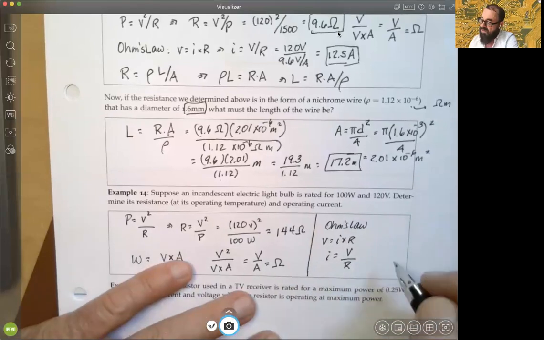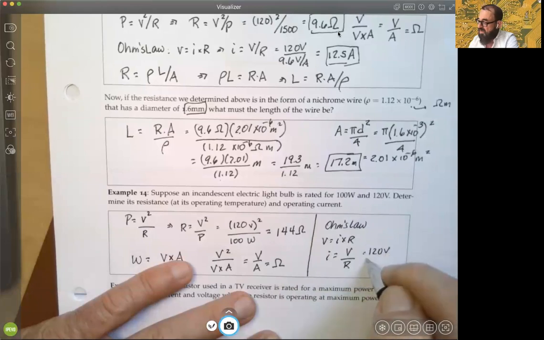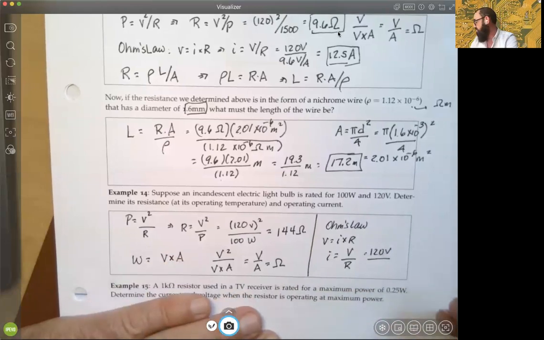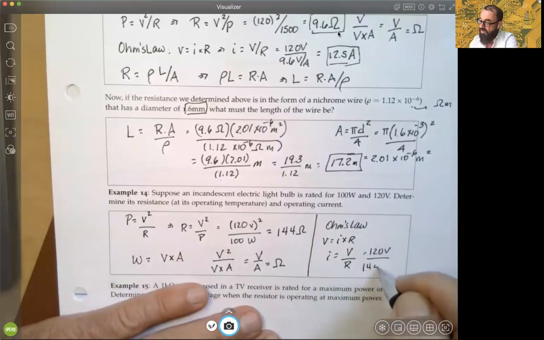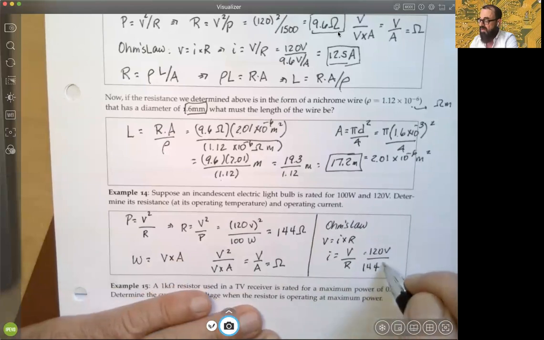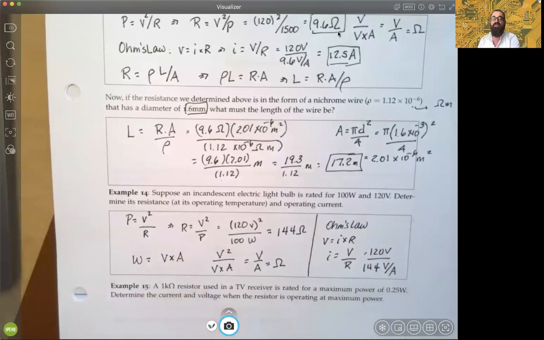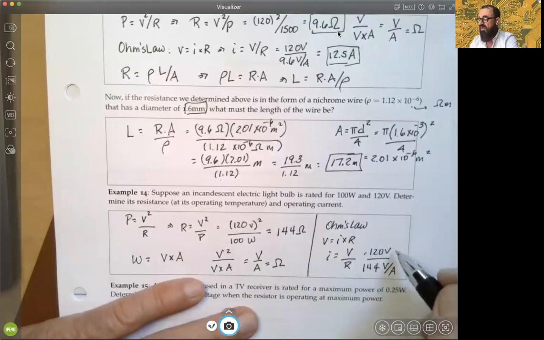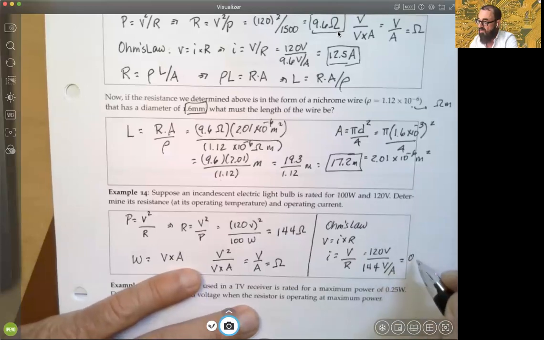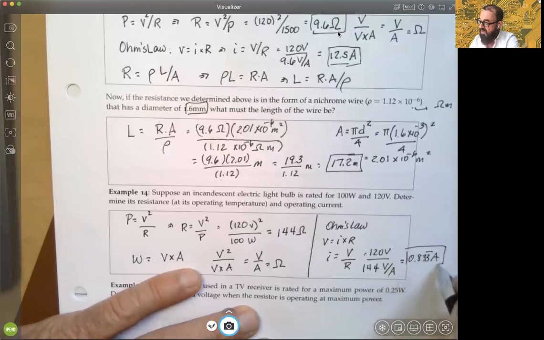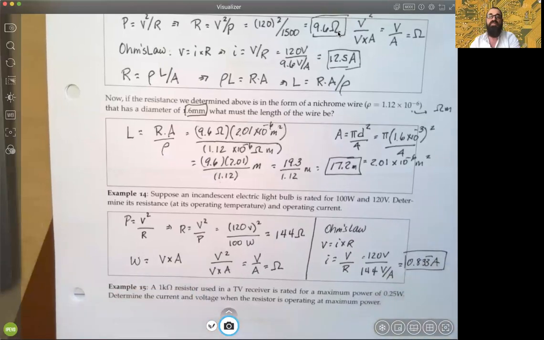And in this case, you would have 120 volts divided by this 144 ohms, but remember another name for that is volts per amperes, so that the volt units cancel out and you have 1 over amp, which is an amp, and doing the math, it's less than 1, so it's 0.83 and it repeats, amperes.